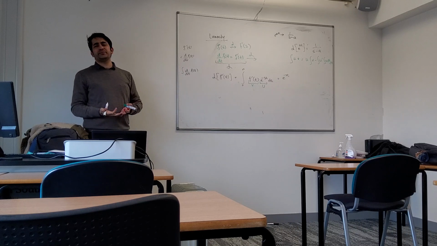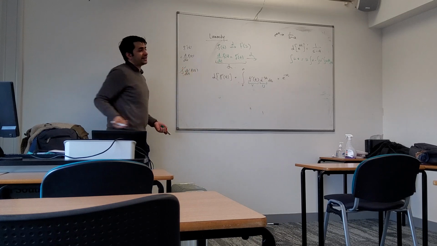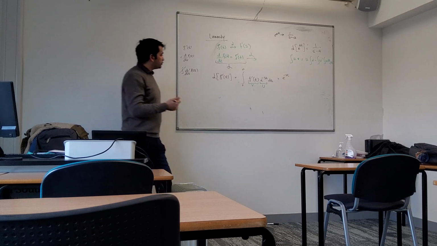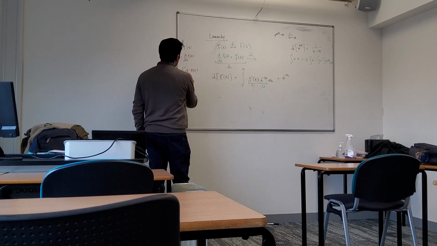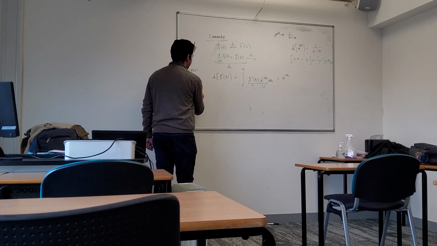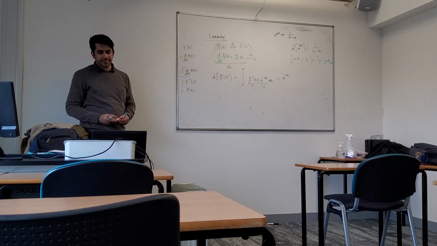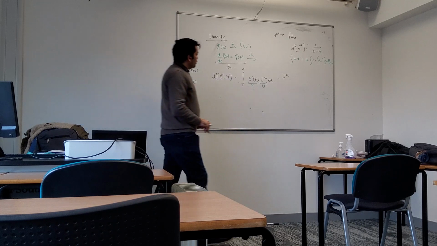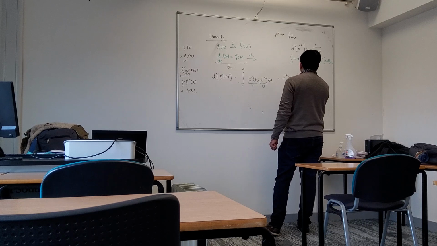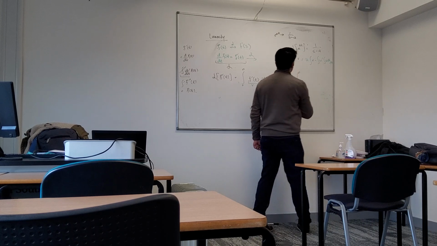Both are opposite of each other. So the derivative would cancel the integration. So when we take the integration of f prime of t, the integration would cancel the derivative and it would turn out as the simple function f of t, from 0 to infinity.